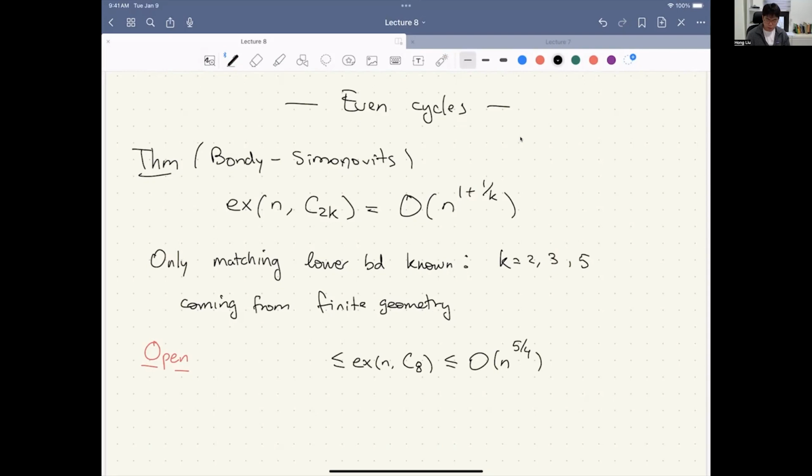I believe the best is n to the 6 over 5, and this is by this group of people.